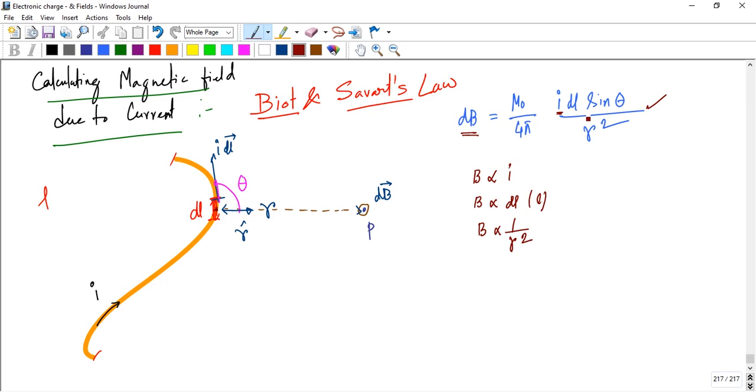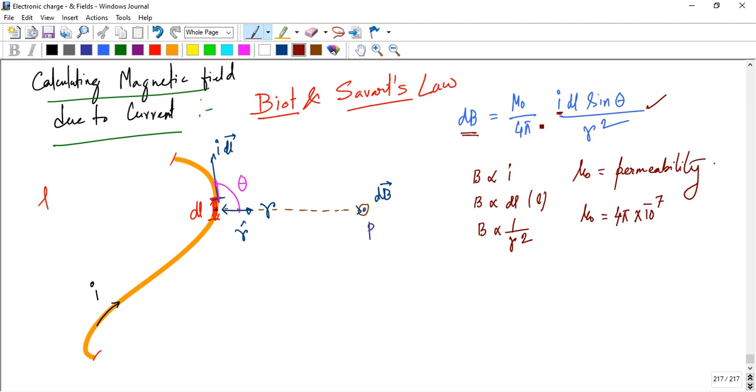That's the magnetic field, and that's why it is a cross product. If the magnetic field were a scalar, it would be a dot product. Otherwise B is a vector, that's why the cross product, I dl sine theta. And what is mu zero? Mu zero is the permeability of free space. Its value is 4 pi into 10 to the power minus 7.